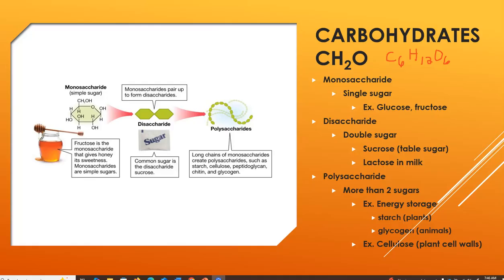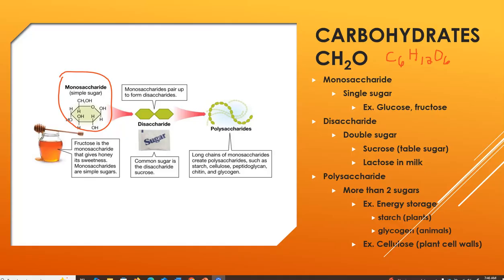Okay, so carbohydrates are polymers, we said, and they are made up of monomers. So our monomers in this case are monosaccharides or single sugars. So a monosaccharide, saccharide refers to sugar and mono refers to single or one. So they're very small, and as you can see in the image here, it's showing a monosaccharide. And we can join those monosaccharides together to form something a little bit larger.